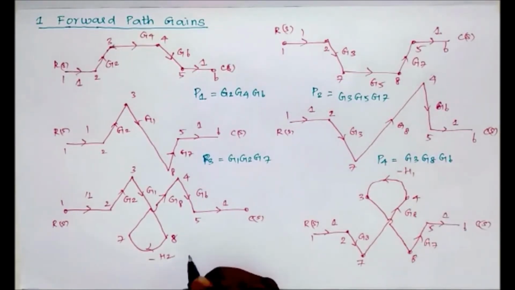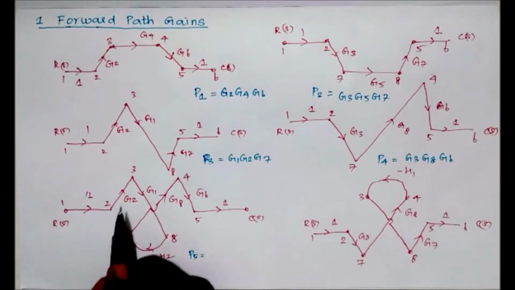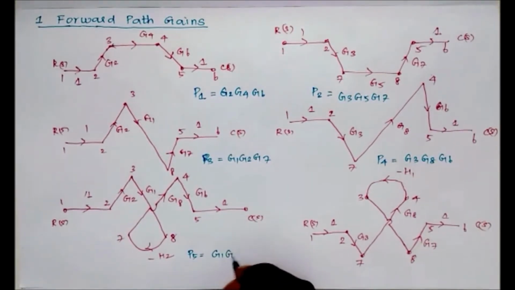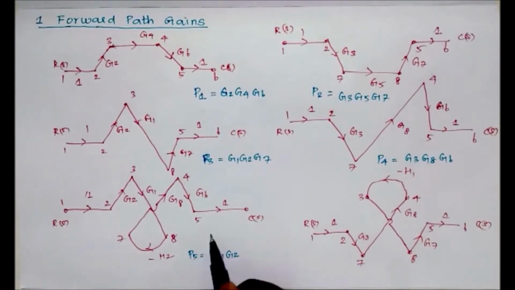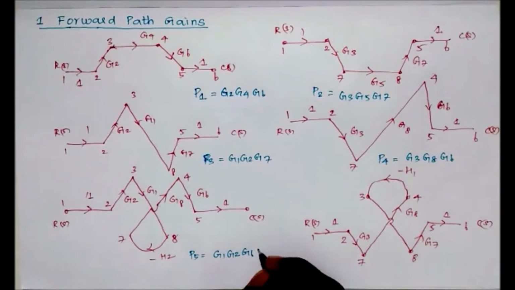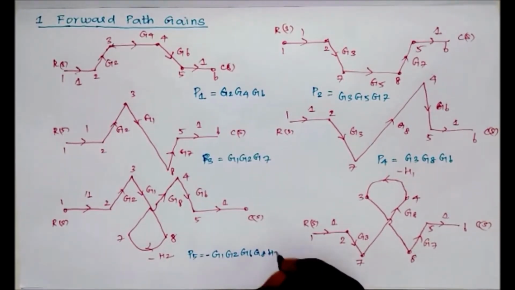So next, the fifth forward path gain is G1, G2, G6, G8 into minus H2. Therefore, here minus H2.